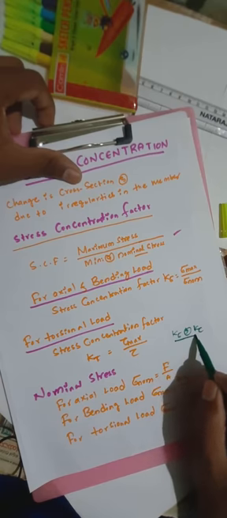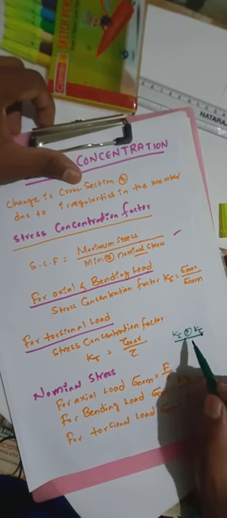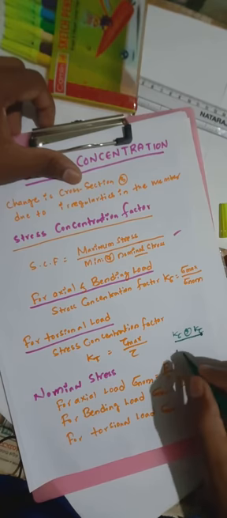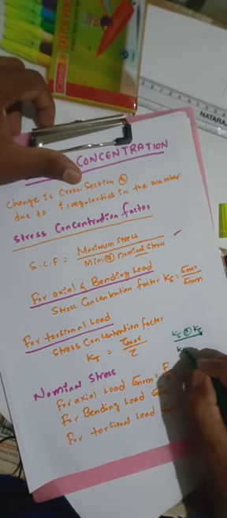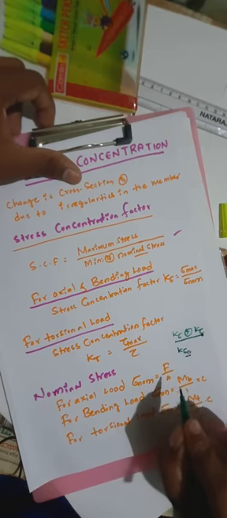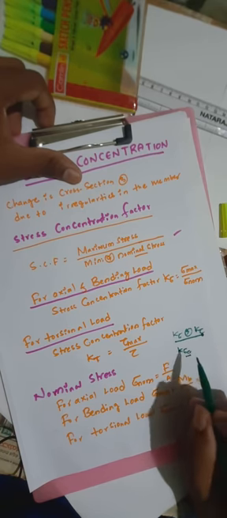These two depend on the type and size of the discontinuity. But K sigma A is the actual stress concentration factor, and it depends on the material.